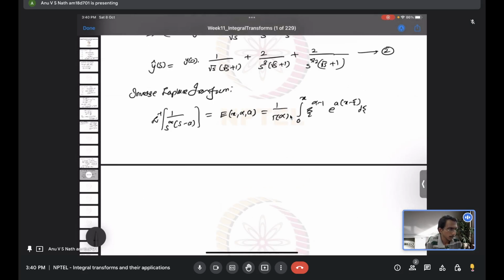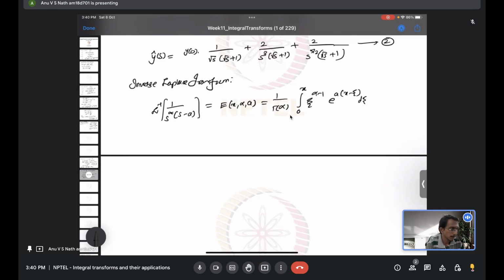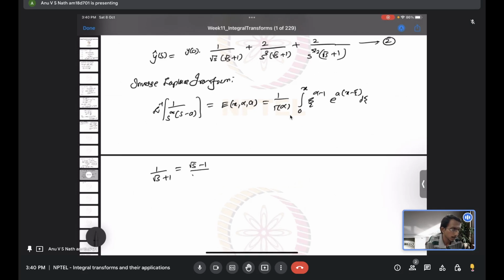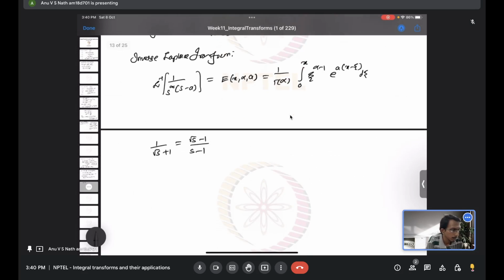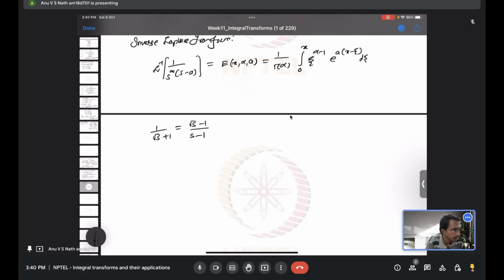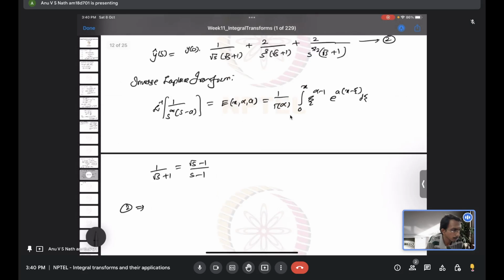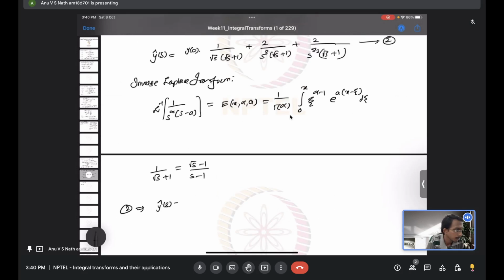So for that we'll do some rearrangements, like 1 by square root of s plus 1. We can multiply both numerator and denominator by root s minus 1, so we can write it as root s minus 1 divided by s minus 1. So we have this term common in almost all the terms. So equation 2 we can write as y cap of s. This is before taking the inverse Laplace transform, so we are just modifying the expression.